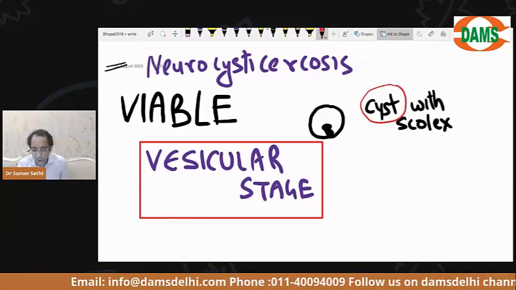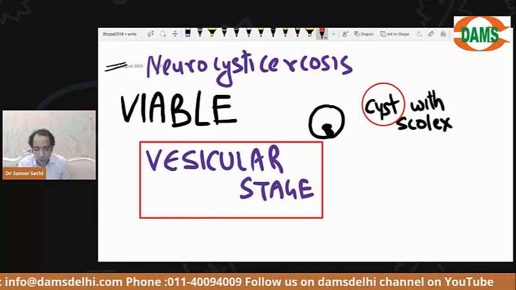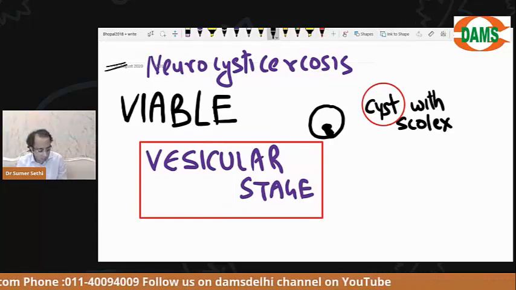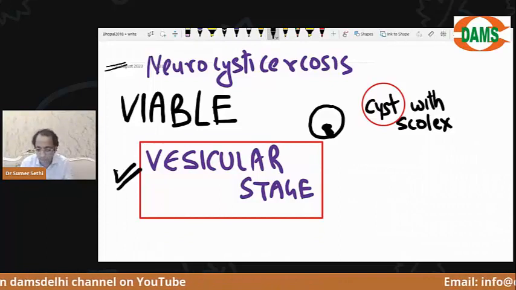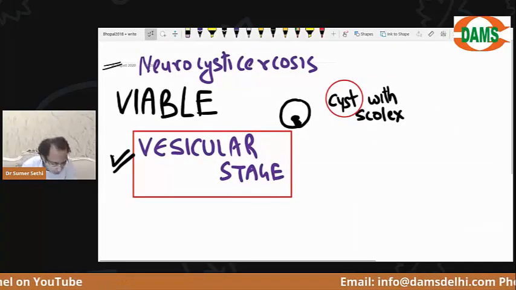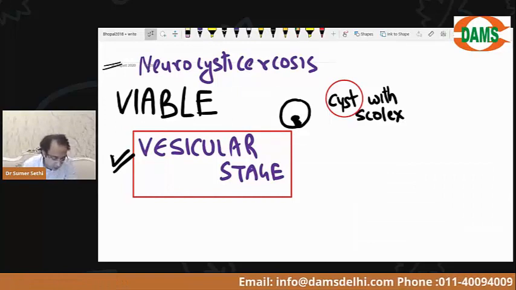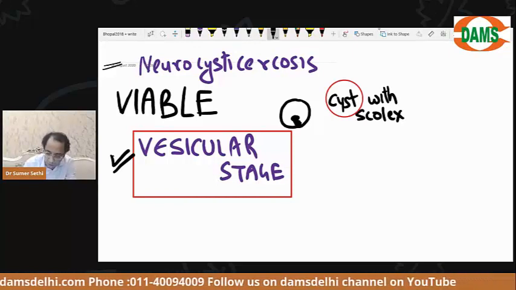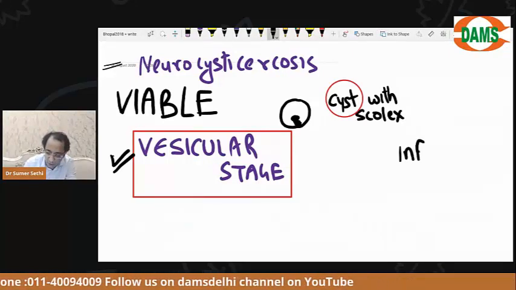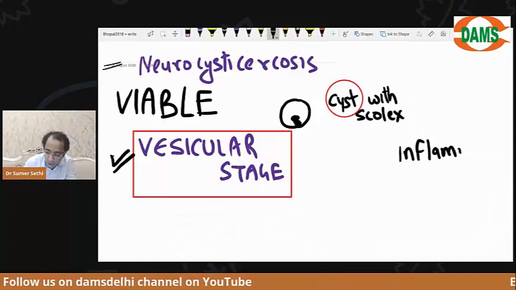It's a cystic parasite. Are you able to understand this? Vesicular stage of NCC is viable. Now listen to me and tell me, will you have inflammation around this parasite or not?